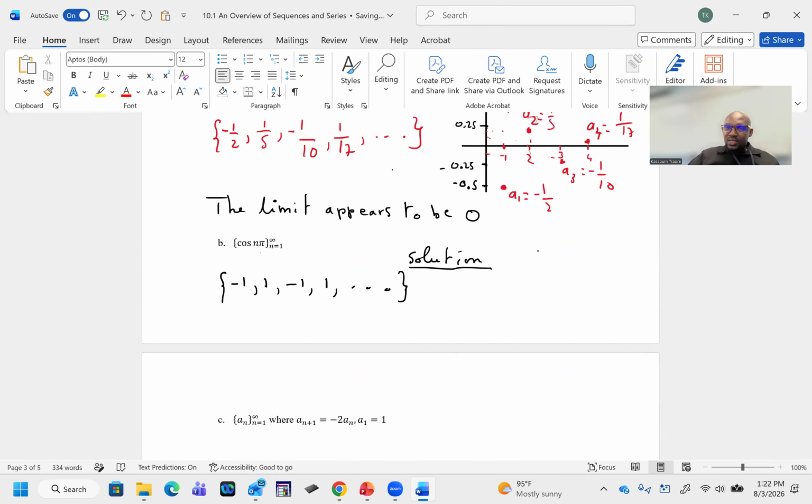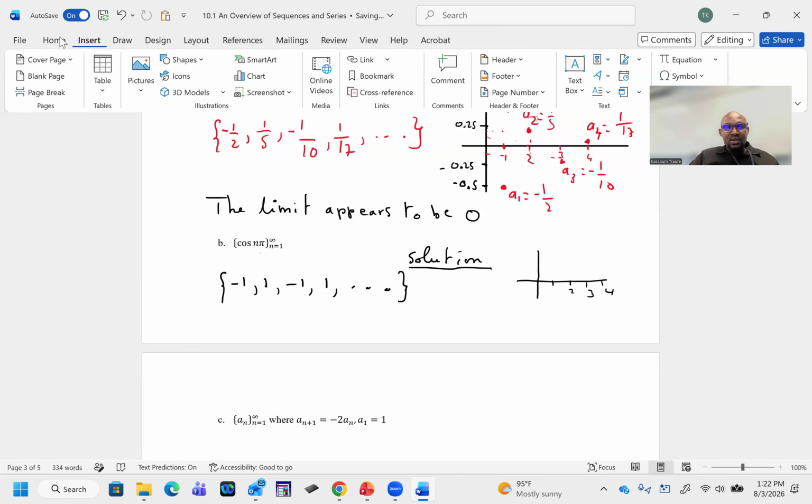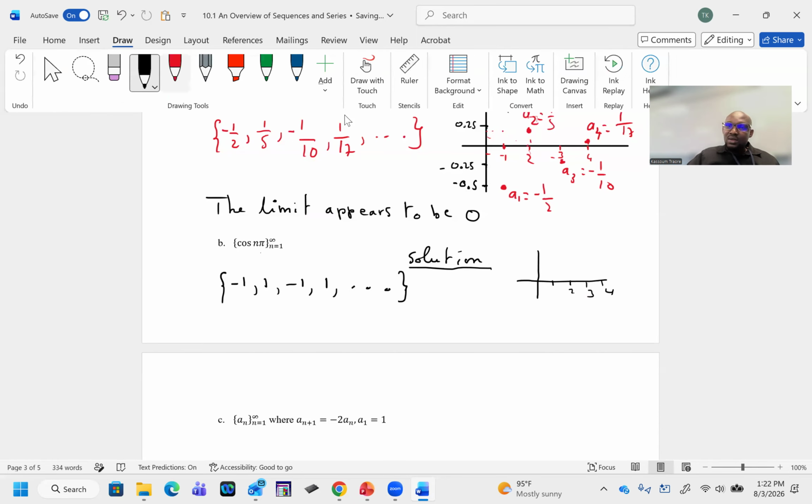Again, if you try to sketch this one: 1, 2, 3, 4. A sub 1 is negative 1.